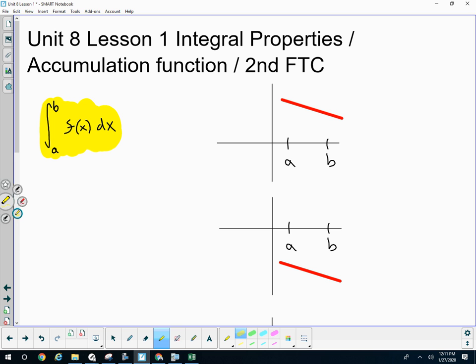Well, sometimes when we have an integral, we won't take the antiderivative. Sometimes when we have an integral, we're just going to think area. I say area under f of x, but I really mean area between f of x from a to b.